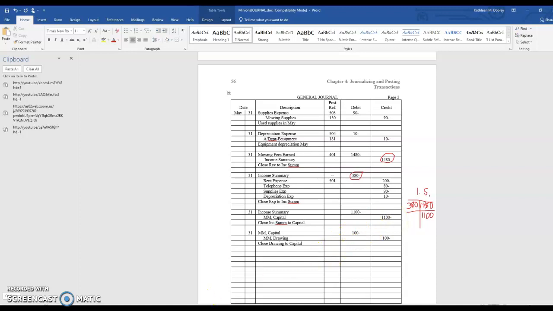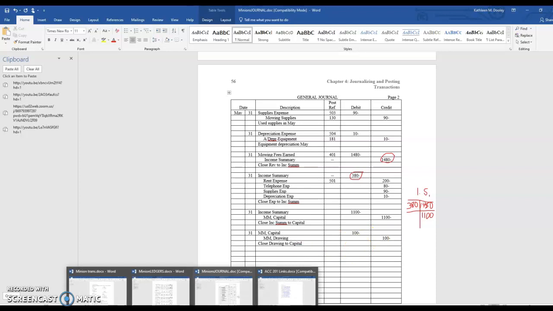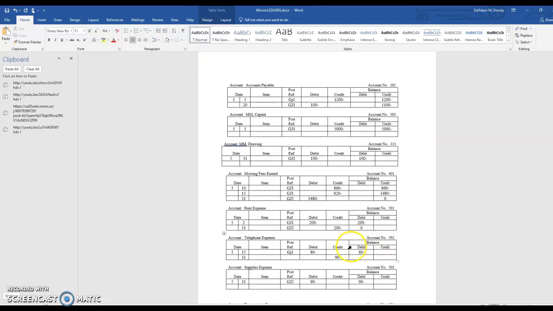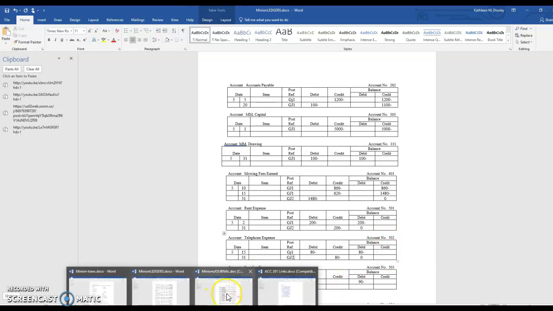Okay, so telephone is 80. We're going to credit telephone for 80. The original was a debit of 80. Now we have a credit of 80. And that 80 minus 80 is 0. That came from General Journal, page 2. And that's account 502.